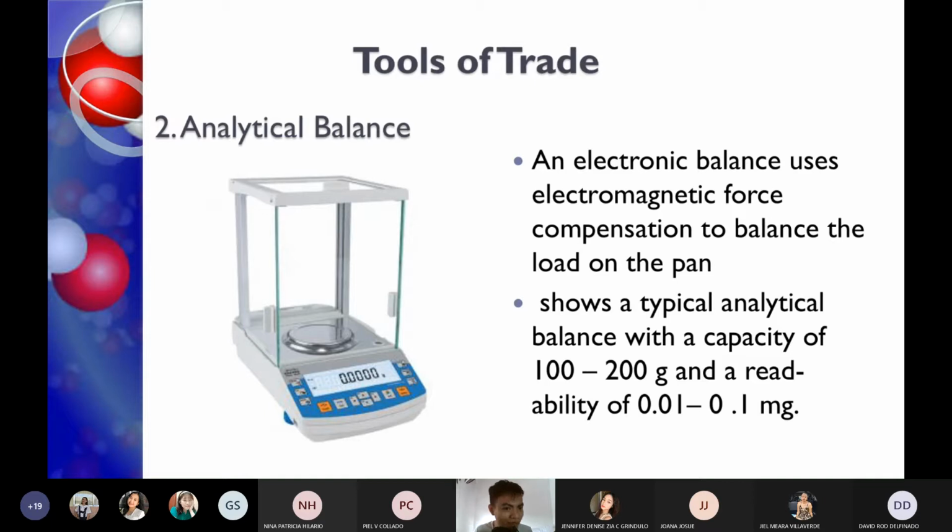Pag nilagay mo yun sa timbangan, di nga magre-register yun eh, no? So you have to use a very sensitive instrument in order to accurately measure your substance mass. Okay? So yan. May proper use yan, pero syempre mas maganda kasi yan pag nasa lab mismo.